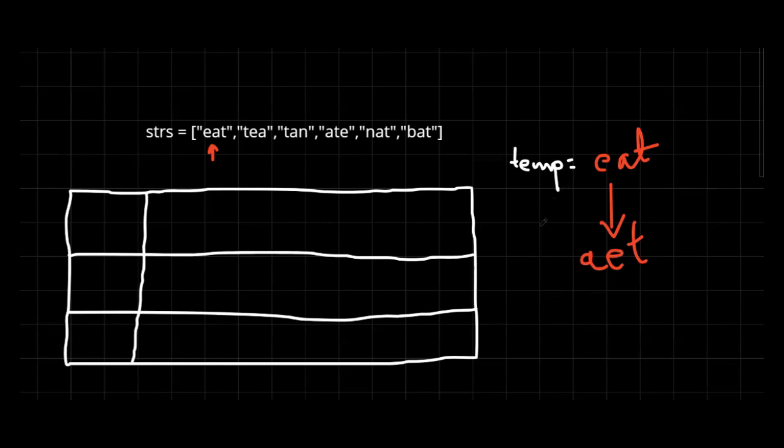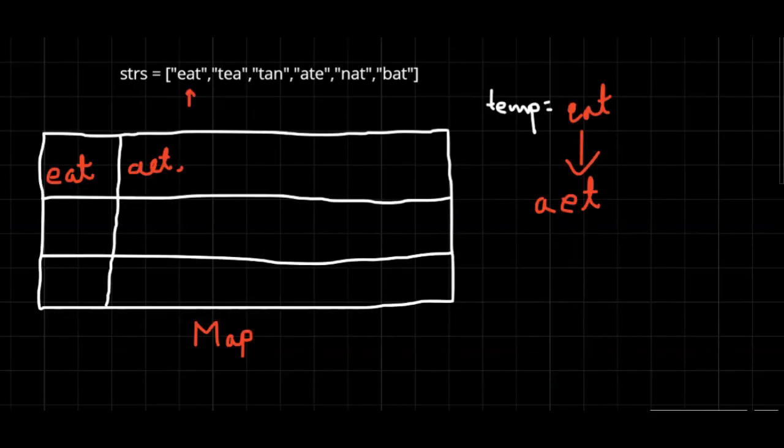Here, the key is the value of the resultant string after sorting, which is aet, and the value is the temporary variable, which is eat. Now let's erase the first string. Now our current pointer is on the second string.